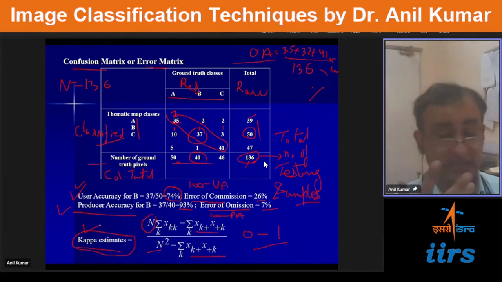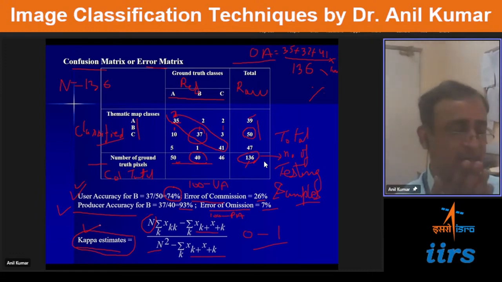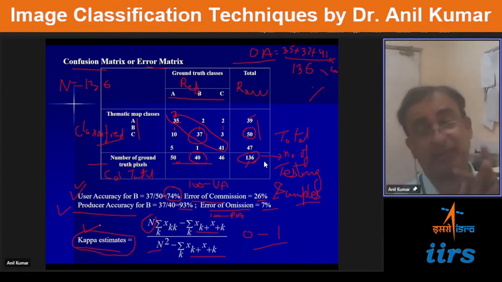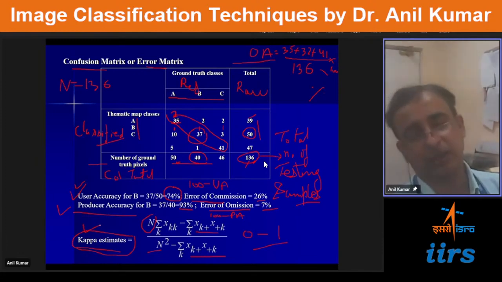The separability analysis works on training data, and then we can find out how many optimum number of bands are required to classify the image. This exercise is very, very important when we go for hyperspectral images. There are 100, 200 or 400 band images, and there we don't require all the bands because the computation time is very, very large. So we can cut down the computation time that way.